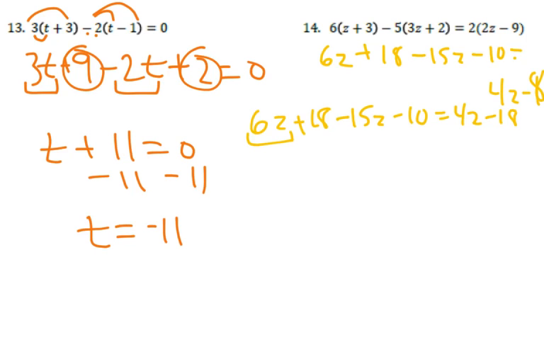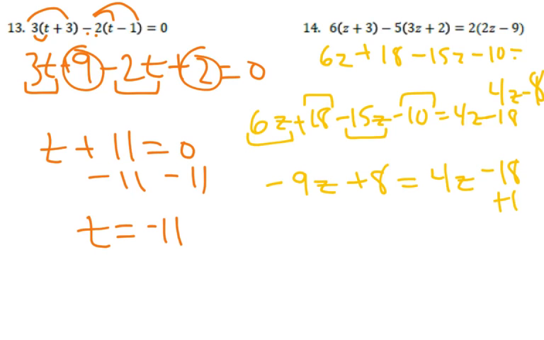We've got a positive 6 and negative 15. So negative 15 plus 6 would give us a negative 9z. Positive 18, negative 10, 18 minus 10, positive 8 equals 4z minus 18, and I should probably put mustaches on all my z's so you can actually understand that they're z's.